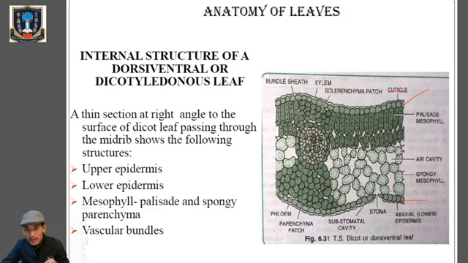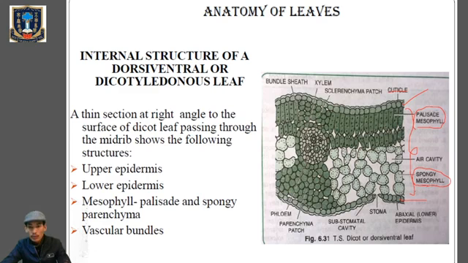Clear? Then we will see the presence of mesophyll cells. Between the upper epidermis and the lower epidermis, we will see the mesophyll cells. And mesophyll cells are divided into two types. First one is palisade mesophyll cell, and second one is spongy mesophyll cell.